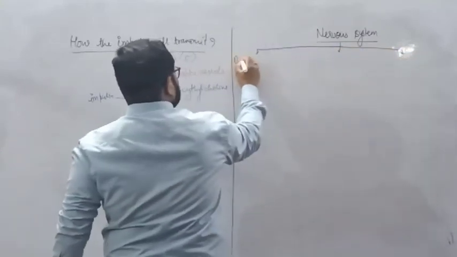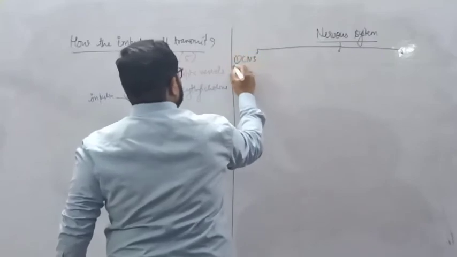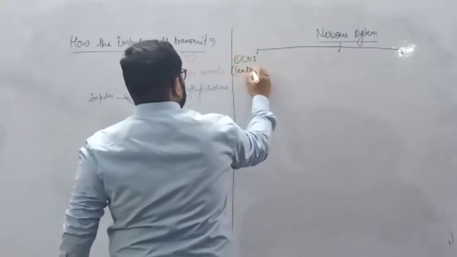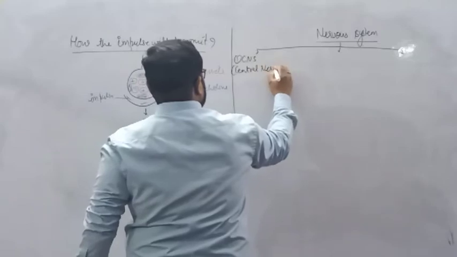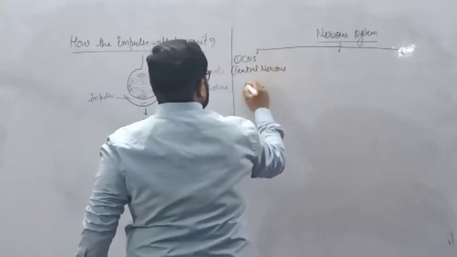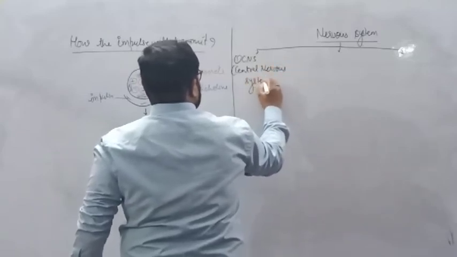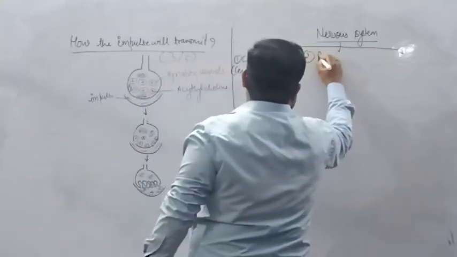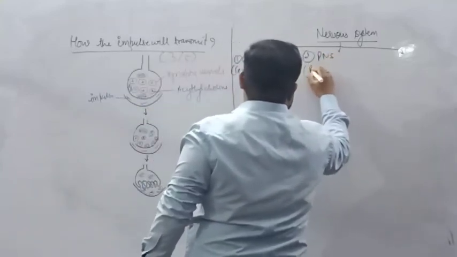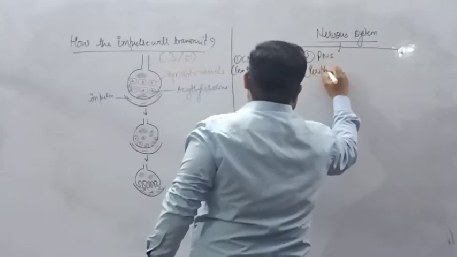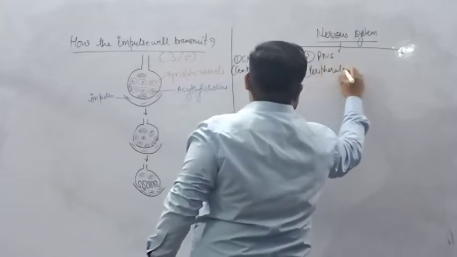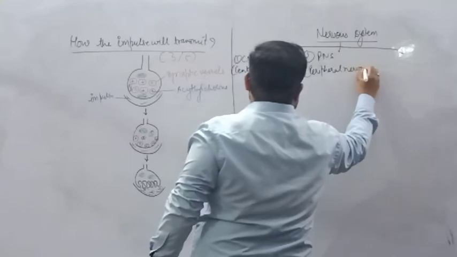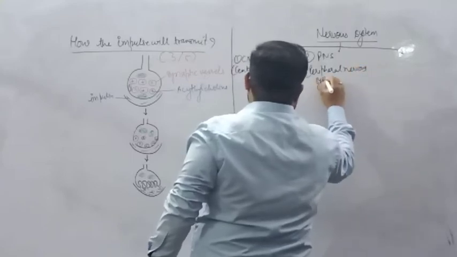First one is CNS, that is central nervous system. The second one is PNS, that is peripheral nervous system.